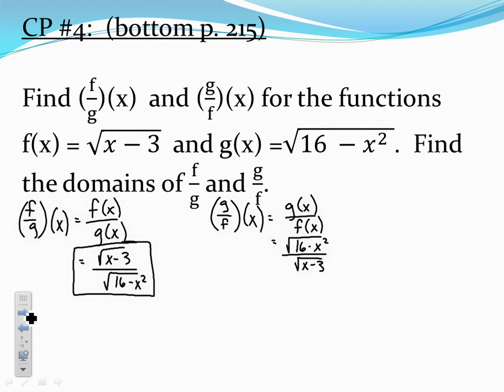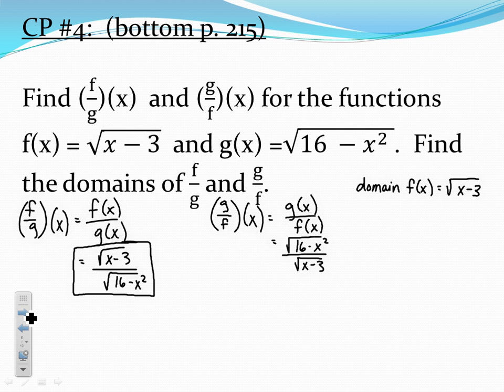Now we are asked to find our domains. Now, domain of f of x. Okay, if we're looking at strictly square root of x minus 3, remember that we cannot let that value underneath our radical sign end up being negative, but it can go positive forever.